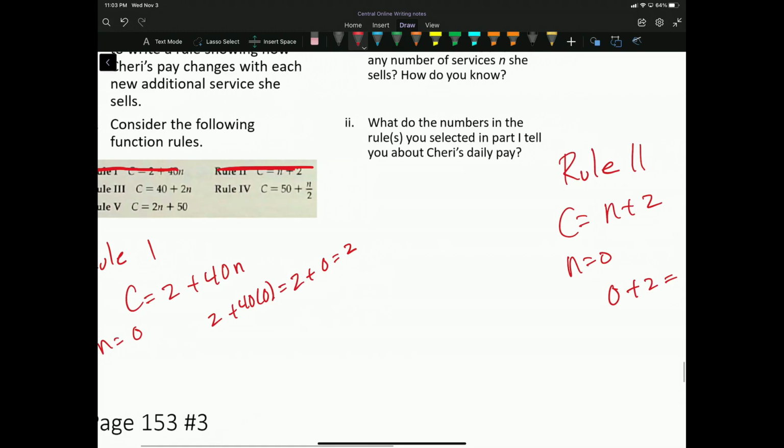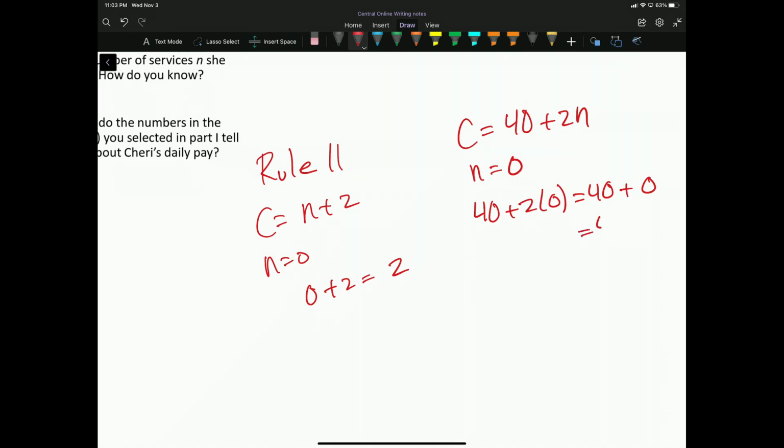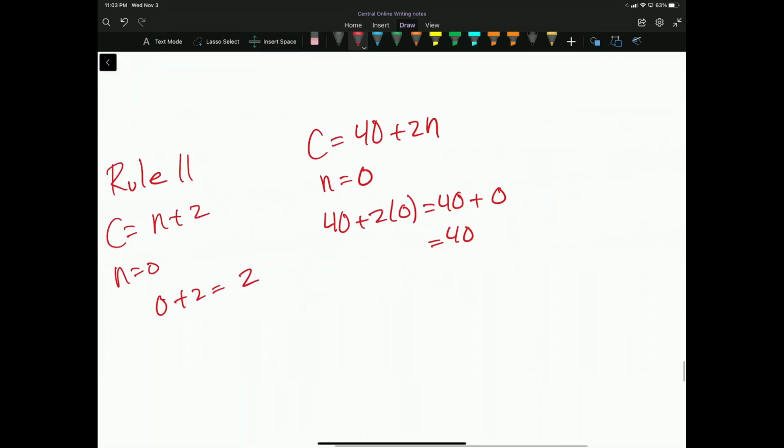Let's do rule 3. So 40 plus 2n. So C equals 40 plus 2n. And when n is equal to 0, we'll have 40 plus 2 times 0. That's going to be 40 plus 0, or 40. Okay, that could work. Let's check another number, right?